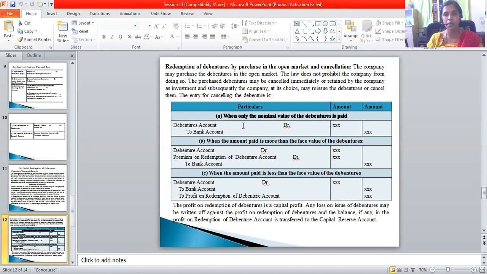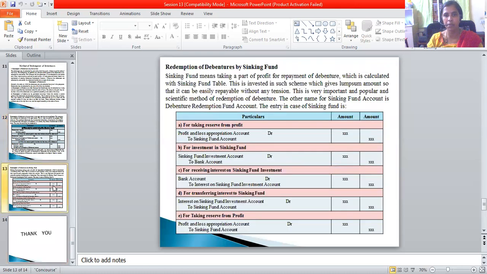When only the nominal value of the debenture is paid: Debentures Account debit to Bank Account. Sometimes you also pay the premium: Debentures Account and Premium on Redemption of Debentures Account debit to Bank Account. When the amount paid is less than the face value: Debentures Account debit to Bank Account and Profit on Redemption of Debentures Account. This is the journal entry we pass.